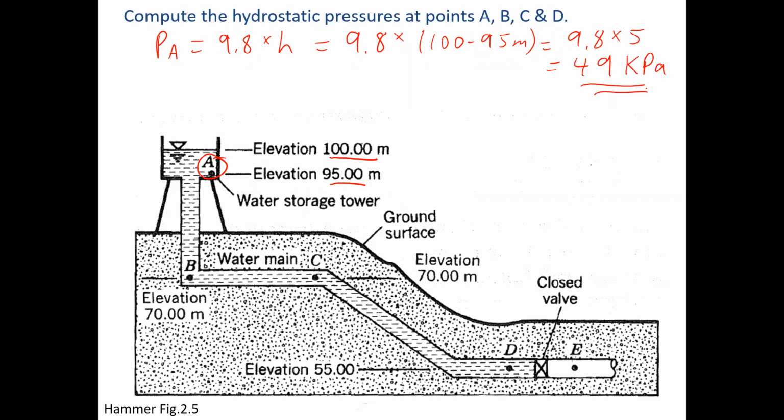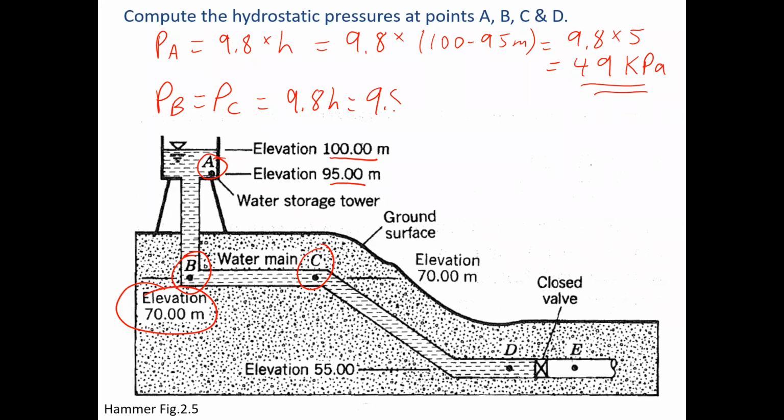So what about B, C, and D? Notice that B and C are at the same elevation. They're at an elevation of 70 meters. So B and C are going to be the same, and I'm going to write that right in my answer. Pressure at B is equal to pressure at C, and it's 9.8 times height.